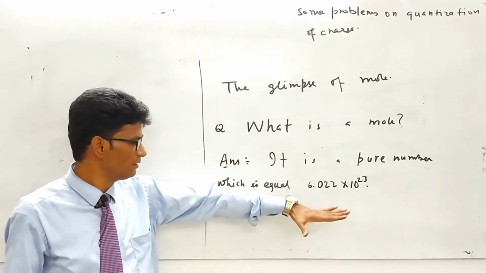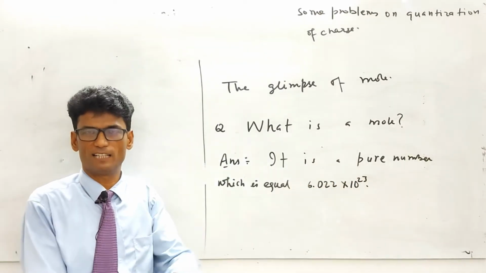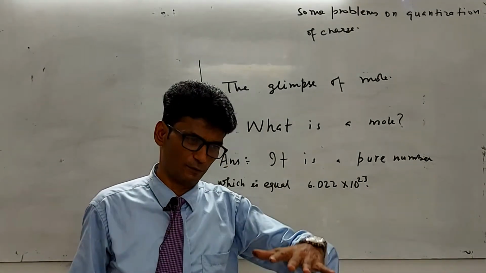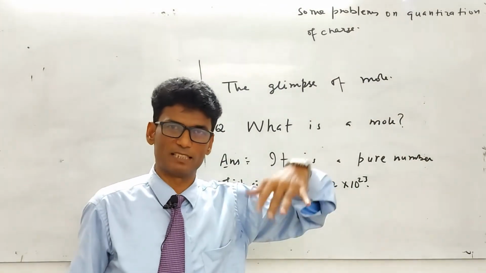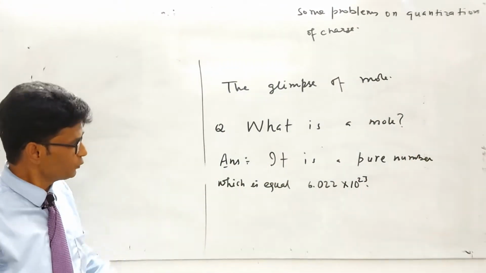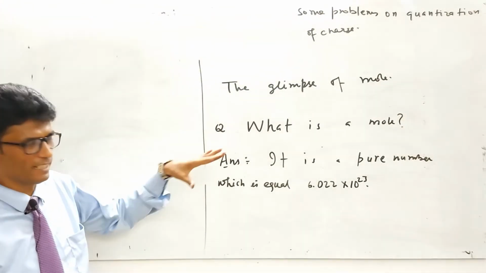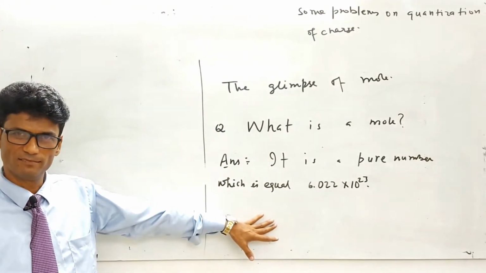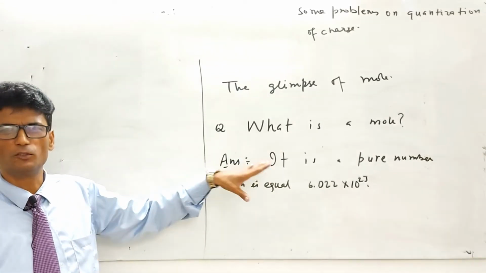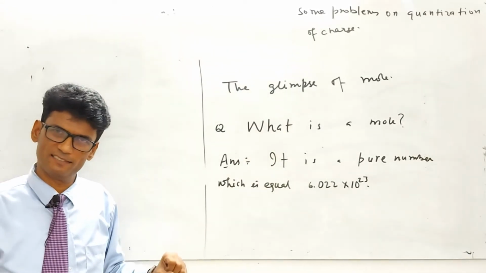Here the views are divided among the giants of physicists and chemists, mathematicians, etc. A few people critically analyze that, or they are hesitant to accept that mole is a unit of amount of substance.